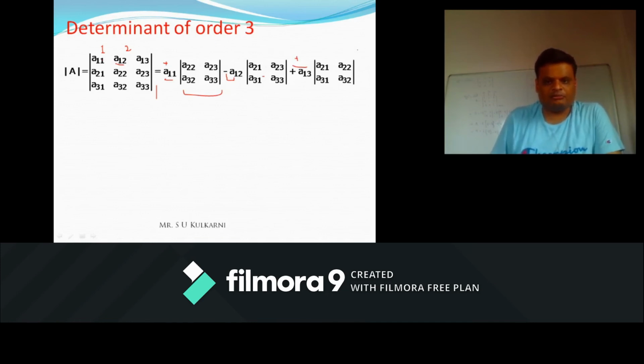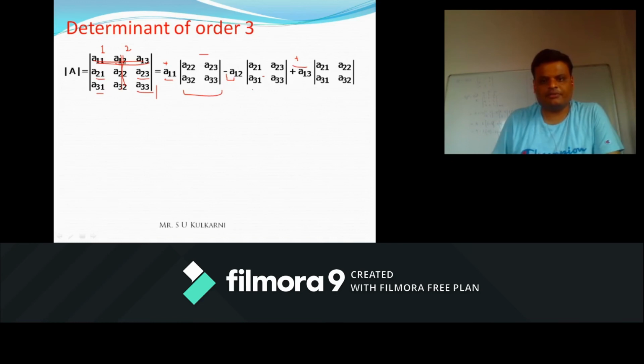So minus A12. Now as before, you have to cancel the row and the column where the element belongs. So I delete the first row and second column. What is remaining is A21, A23, A31, A33.